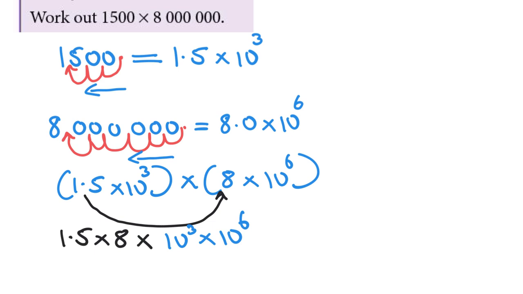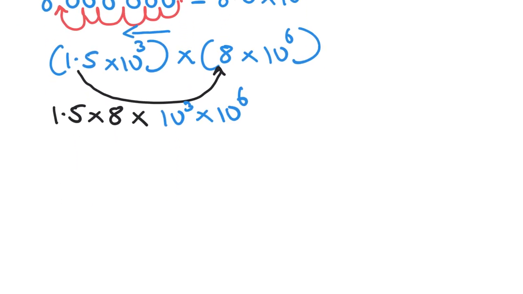How much is 1.5 times 8? It is 12 times, now 10 to the power 3 times 10 to the power 6. If you have learned indices, you would know when the bases are same, you add the powers. So it's 10 to the power 3 plus 6.